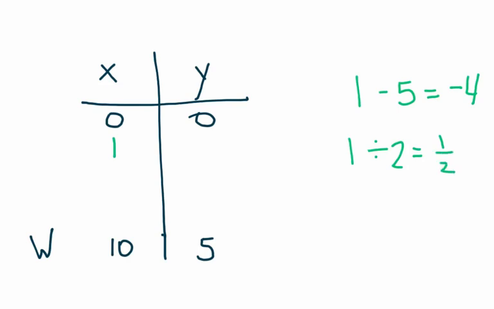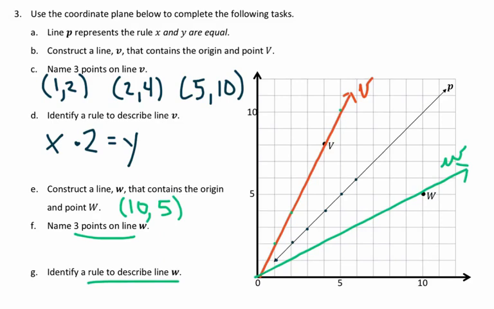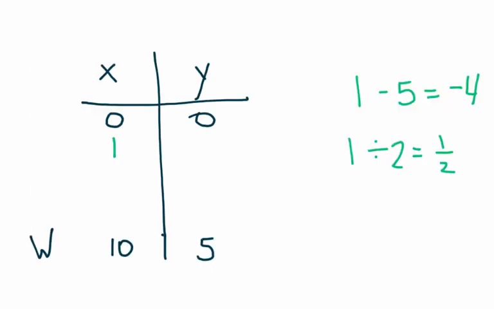Let's take a look at our graph. Let's go to 1, and the point on the line looks like it's about 1/2. So it's definitely not at -4, but it looks like it might be at 1/2.